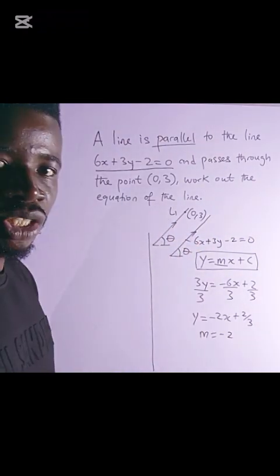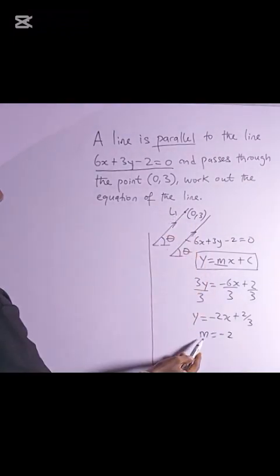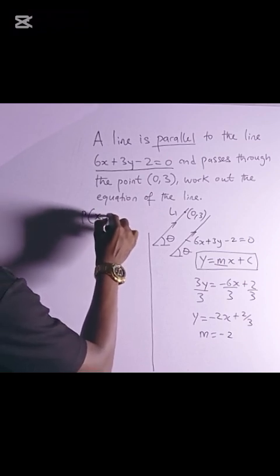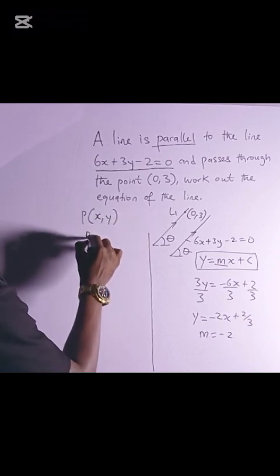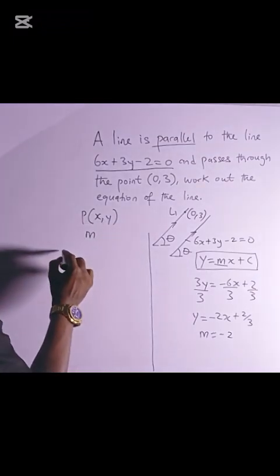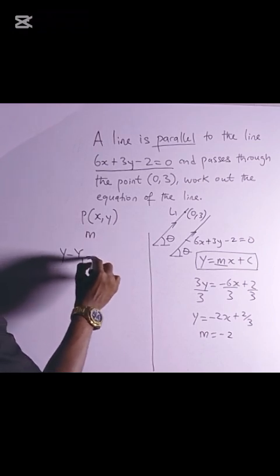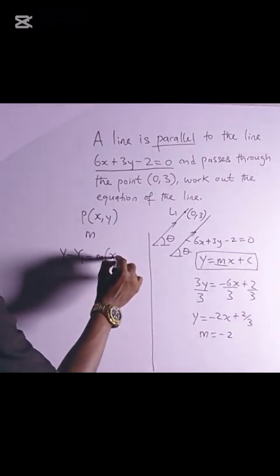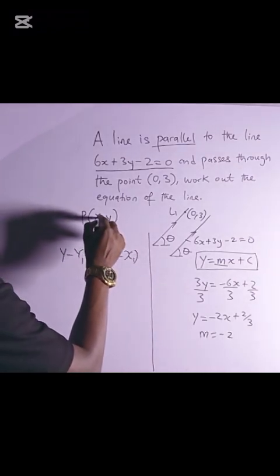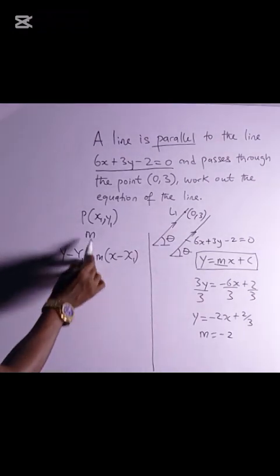We call it the point-gradient form, which says that if you are given a point, let's say P with coordinates x1, y1, and a gradient m, the equation of this line is given by y minus y1 equals m into x minus x1. So this is our x1, this is our y1, and our m will be given. Is that okay?